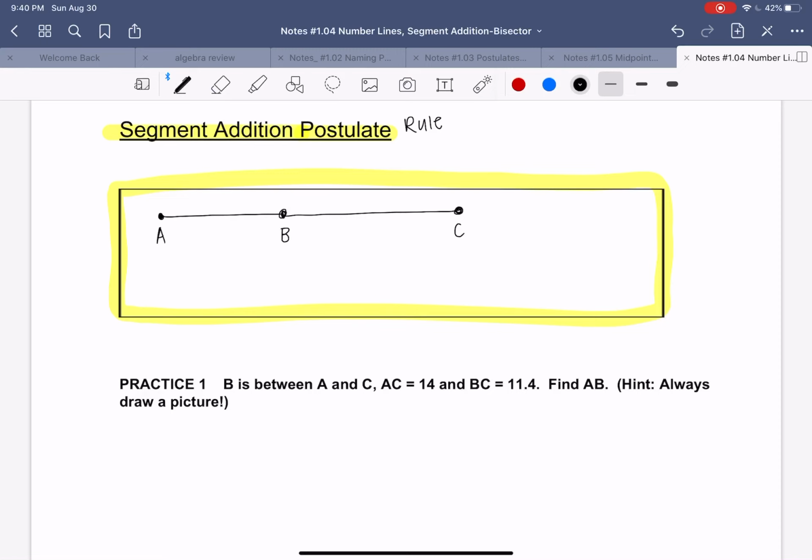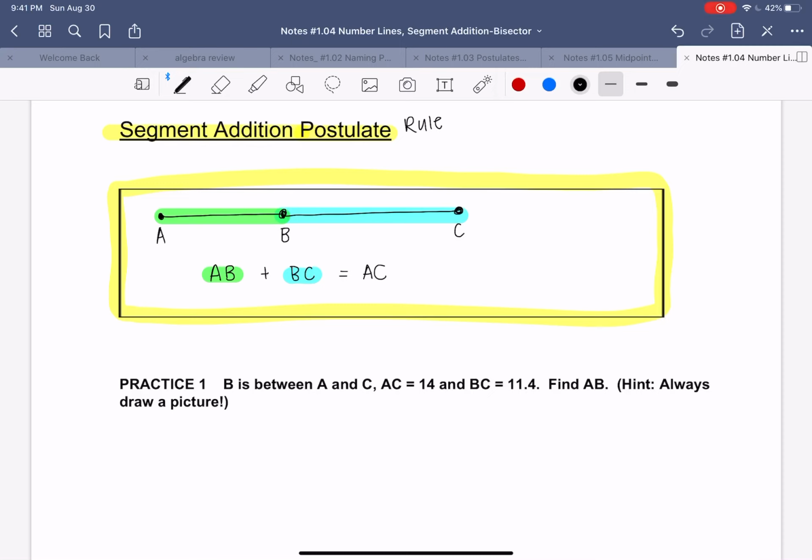So the segment addition postulate says that AB, this little part right here, plus BC equals AC.